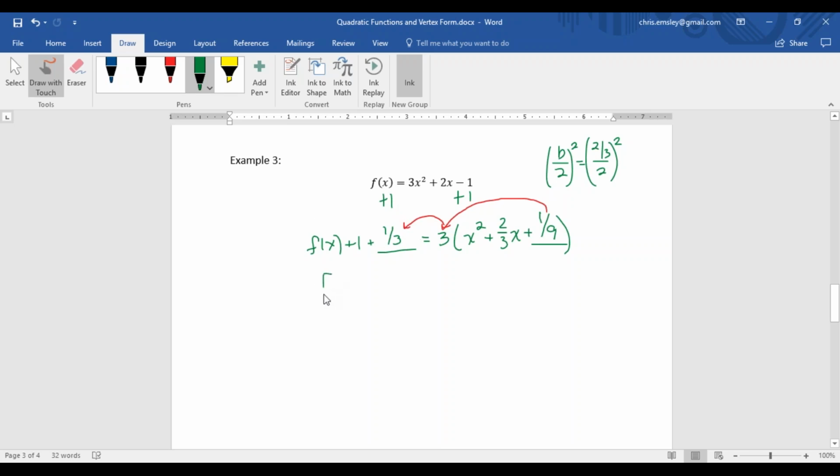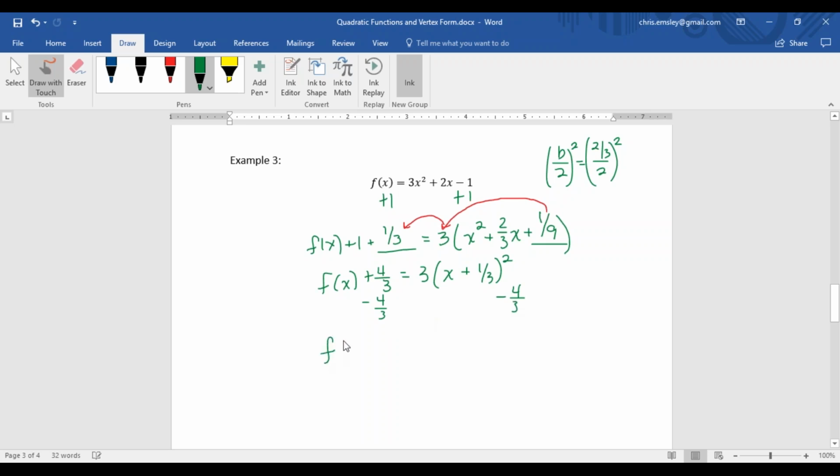Okay, so combine our coefficients on the left. 1 plus 1/3 is 4/3. And we have a perfect square trinomial over here on the right. It's x plus 1/3, quantity squared. Last step is to move that constant back over to the other side.